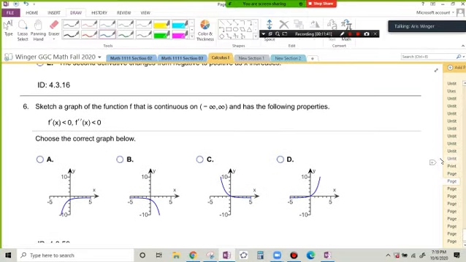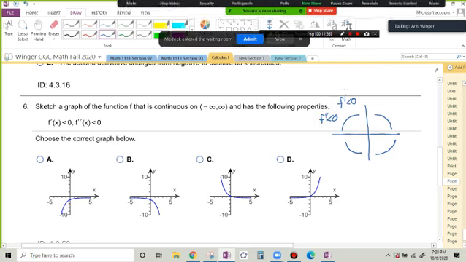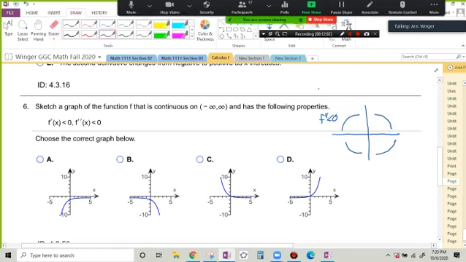All right, we'll go back to our notes. Sketch, right? So we're just rolling with this. So we'll draw this again. We've got f prime negative, f double prime negative. I'm sorry, f prime here is positive. This function is going up.